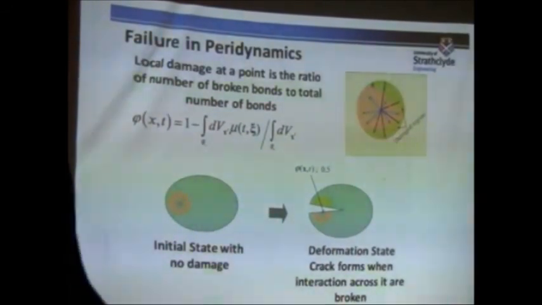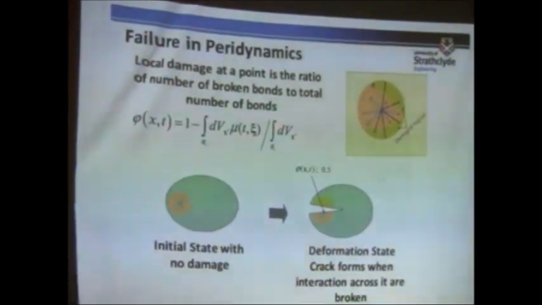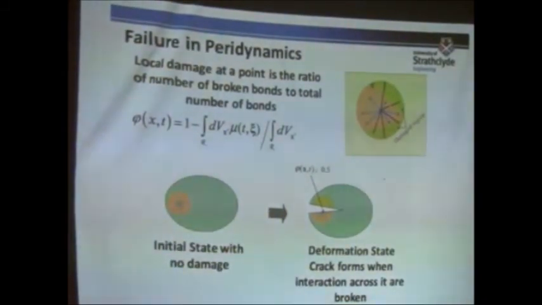For instance, in the original state, this point is interacting with all points inside this horizon. Let's say after some time, some damage occurs and we have some cracks, so that half of the interactions are broken. That means our damage parameter for this point is 0.5. But this is just an example, it can be a number between 0 and 1.